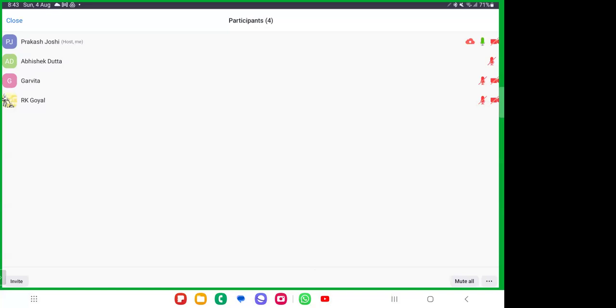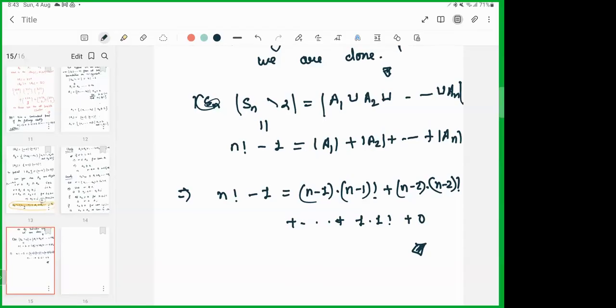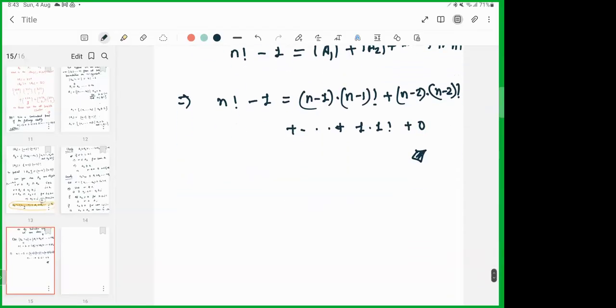Any doubt? Only Abhishek is speaking. Garvita, RK, any doubts? Or should I proceed? Okay. Fine. This is an interesting problem and it may take some time. So let's discuss. Maybe the discussion may go long.